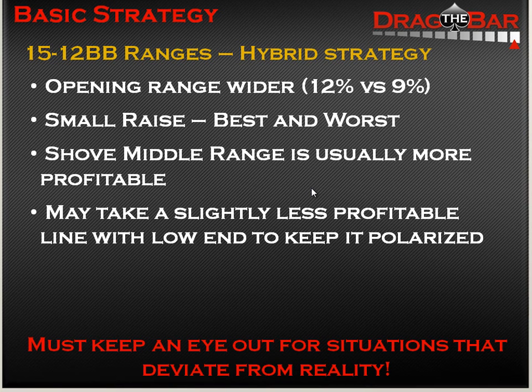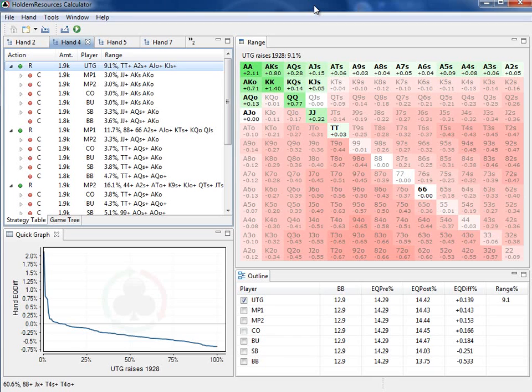Then finally, the word of warning is, again, we want to look for situations that really deviate from reality, like some of those hands that were really close to zero, for example. If they're getting really, really thin and it's telling you to open a range that's super wide, but almost the whole range does not have very good value, then you need to be careful not to incorporate ranges like that.